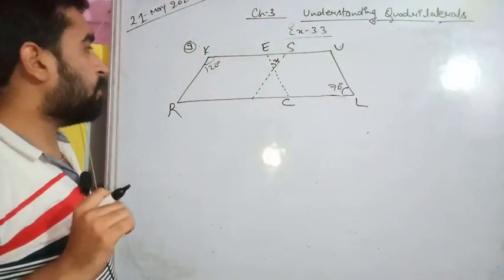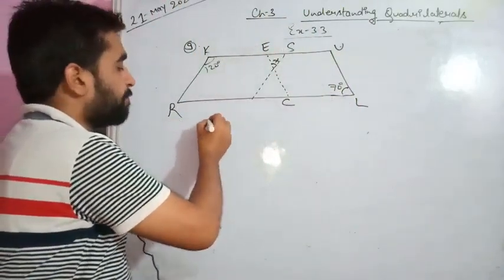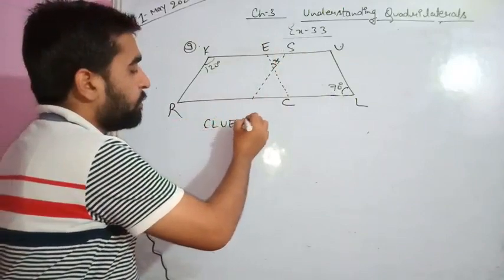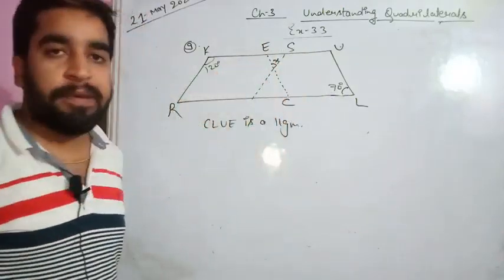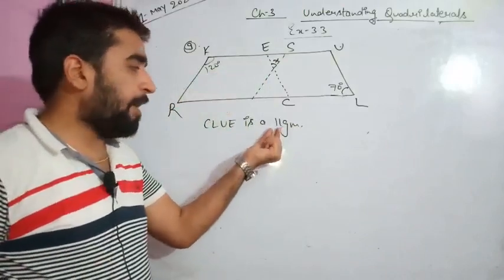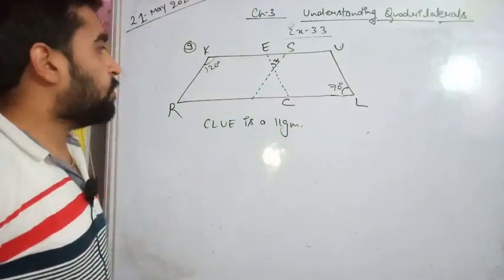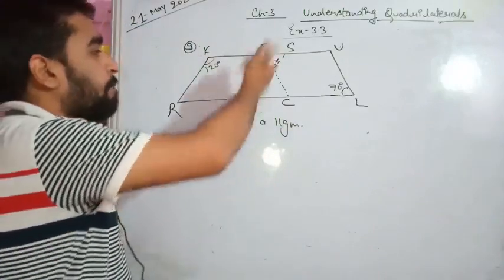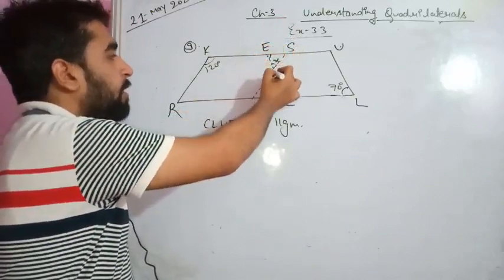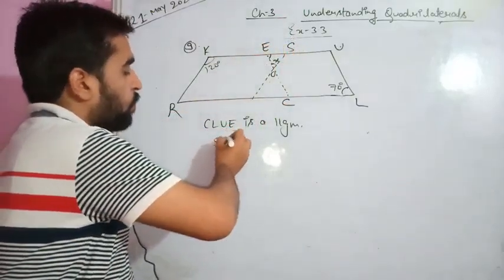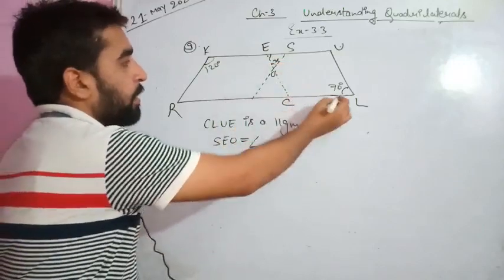So students, this angle is 70 degree, now CLUE is a parallelogram. So we will use the property of parallelogram. Remember, I am writing this in short, but you mention it fully in your maths notebook. Suppose this point is O, this angle SEO will be equal to angle CLU.